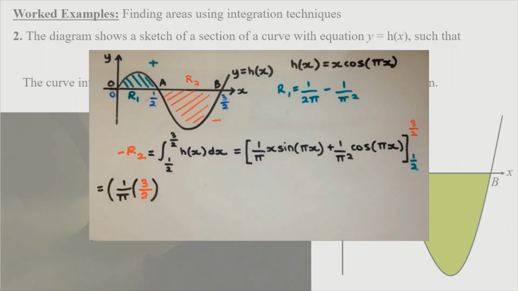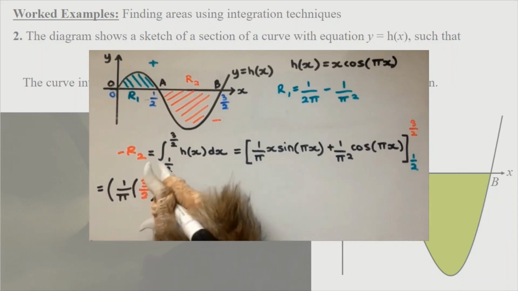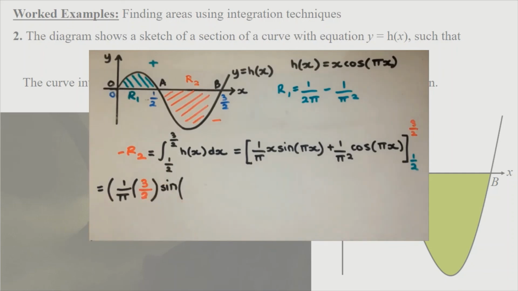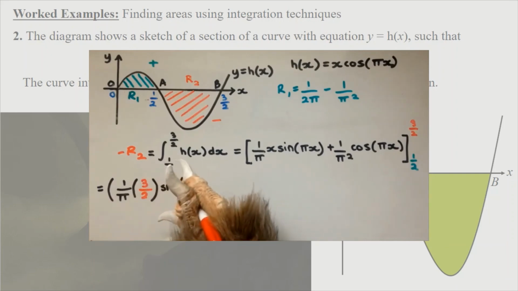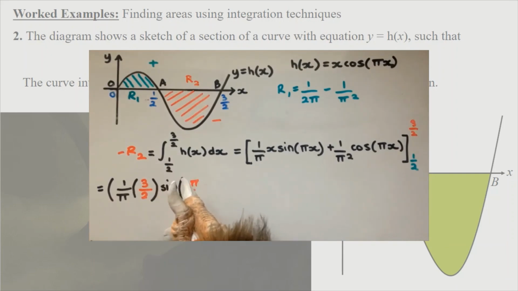Then we're doing sine of pi x, so this is going to be the sine of pi multiplied by 3 over 2. So in other words, 3 pi over 2, that's going to go in here, like that. And then I'm adding 1 over pi squared cos of the same angle.